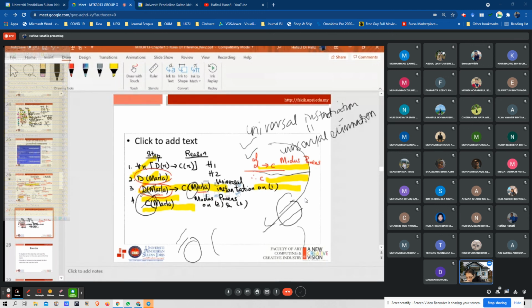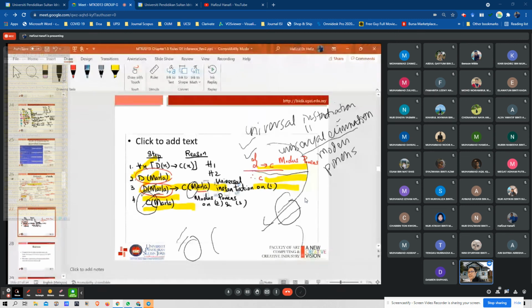That's why you need to use modus ponens, because you want to affirm by the affirmation.